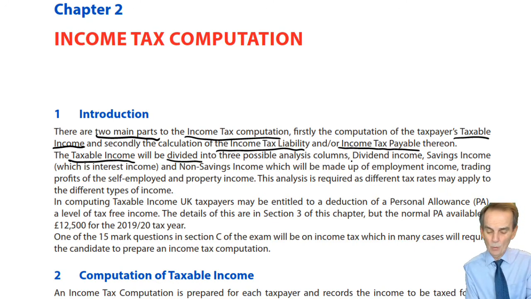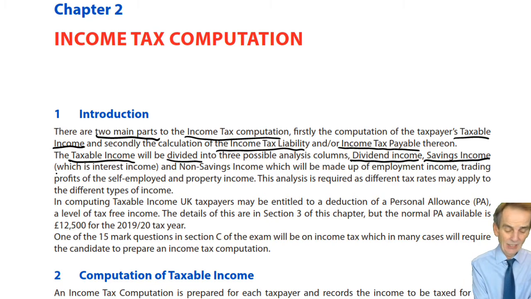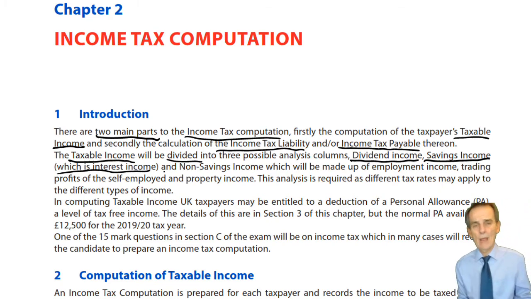So 3 possible analysis columns. Well, there's one obvious one, dividend income. Very specific, just dividend income. We've then got a term we won't be familiar with, savings income. But that's simple. That is interest income. And we'll talk later about where those sources of interest may have come from. The obvious one, firstly, in our heads will, of course, be from money in the bank.